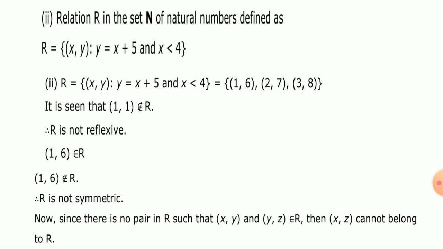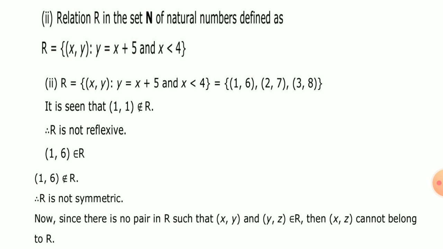Now here (1, 6) belongs to R, (2, 7) belongs to R and (3, 8) belongs to R. That means 1 is assigned with 6, but 6 is not assigned with any element. Next pair (2, 7): 2 is assigned with 7, but 7 is not assigned with any element.